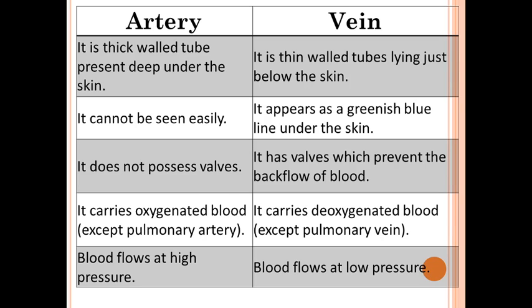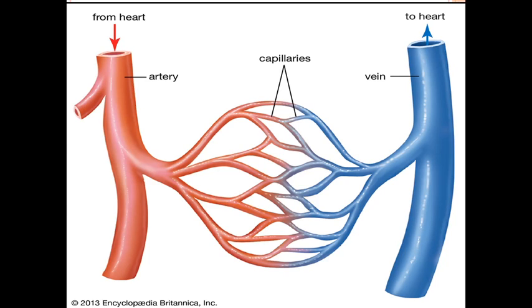Understood? Yes. So you can see here, from the heart and to the heart, what are they doing? The artery, the blue ones are the veins, and these are the capillaries. The thinnest blood vessels, about as thick as a strand of your hair.